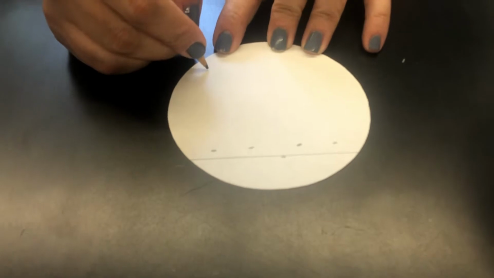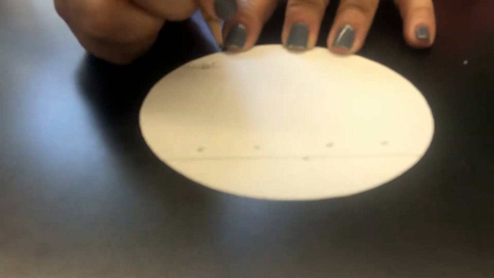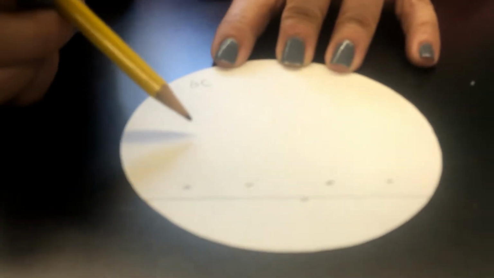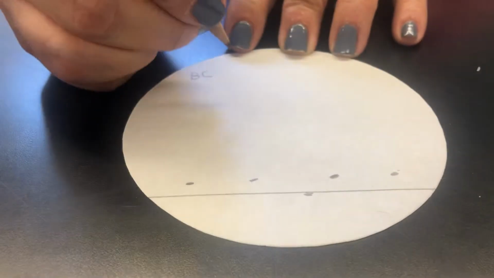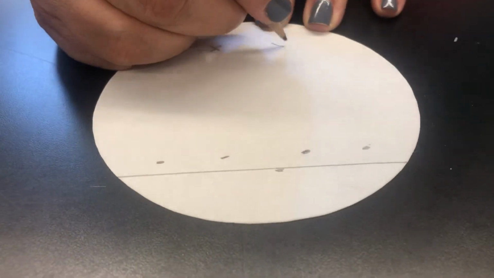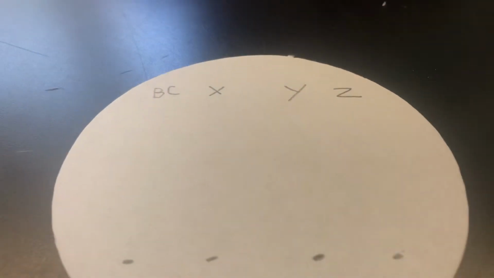Also, you want to label BC above at the top so you know when the plant pigments separate which is first, second, third, and fourth. So BC, X, Y, and then I'm going to turn this one around and write Z. That's what it looks like.